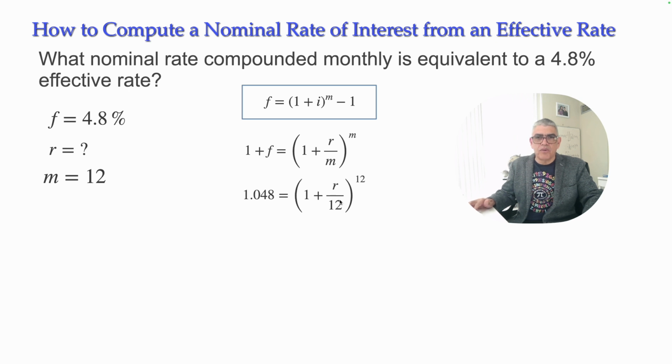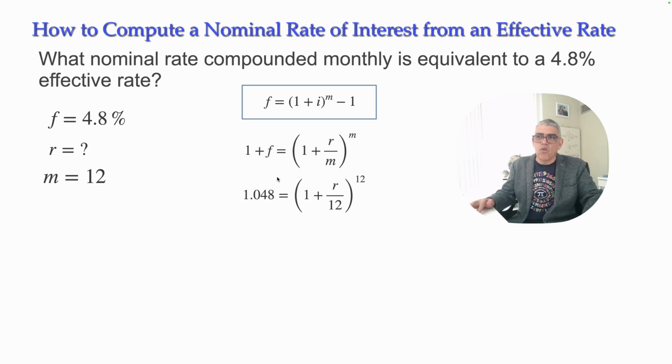This equation is always easy to solve for R, because you can, for example, divide both exponents on both sides of the equation by 12. This number has exponent 1, this side of the equation has exponent 12. If you divide the exponent by 12, here the answer will be just 1 plus R over 12, because the exponent will be 12 over 12, it will be 1.